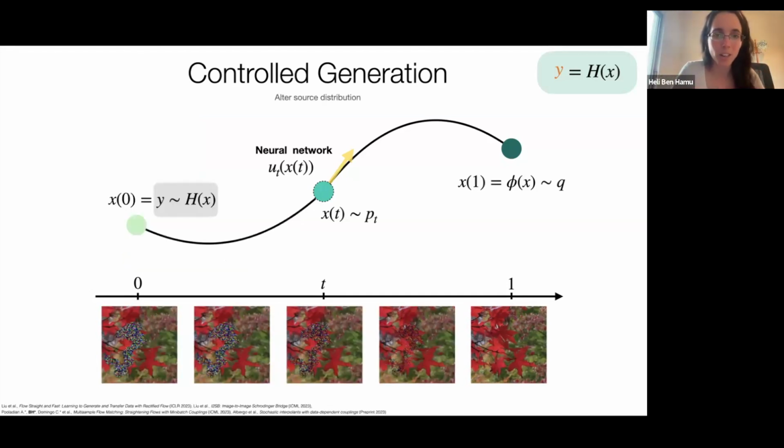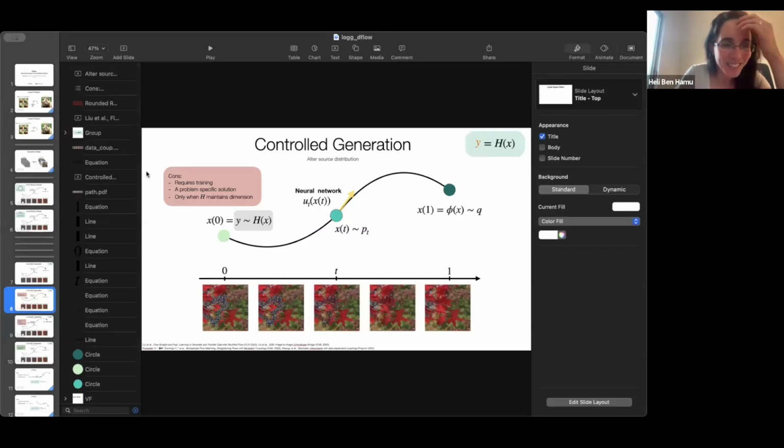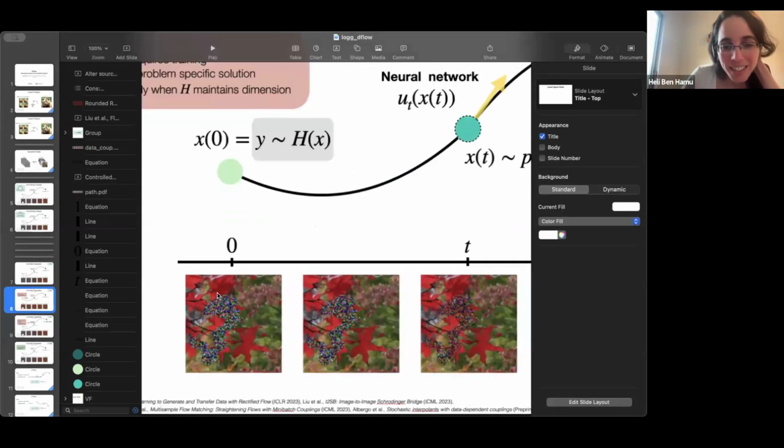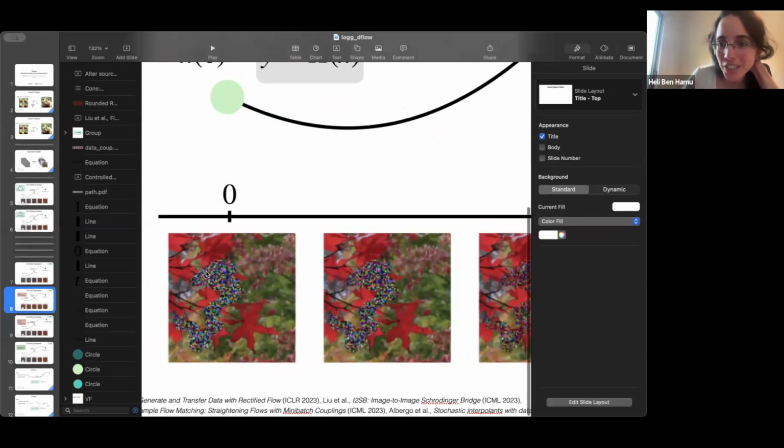Now, in this approach that alters the source distribution, our source is going to look different. Sorry, it's very hard that I don't have a cursor. So our source distribution would look like images that have these in-painted areas in them, and our model is going to transform from these types of images. So you imagine that your source would have images that are in-painted, okay?